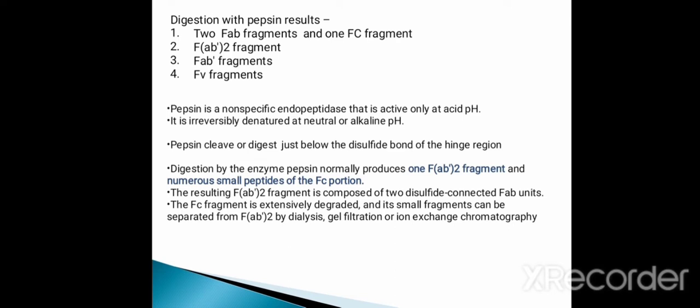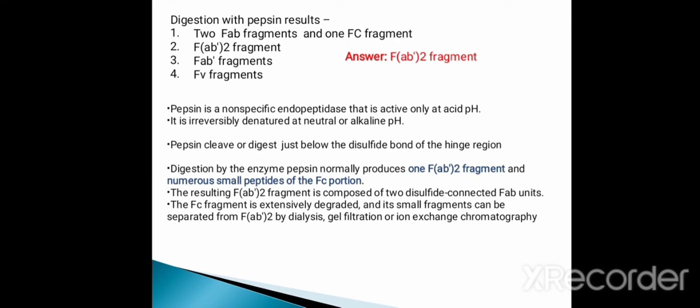It is irreversibly denatured at neutral or alkaline pH. Pepsin cleaves just below the disulfide bond of the hinge region. Digestion by pepsin normally produces one F(ab')2 fragment and numerous small peptides of the Fc portion. So the correct option here is option 2, the F(ab')2 fragment.